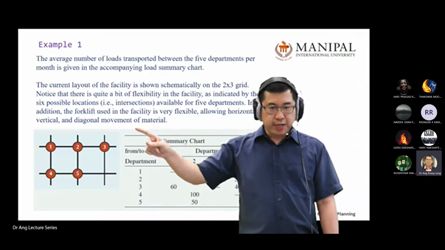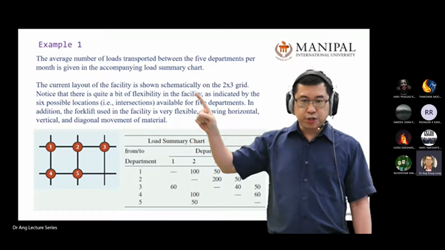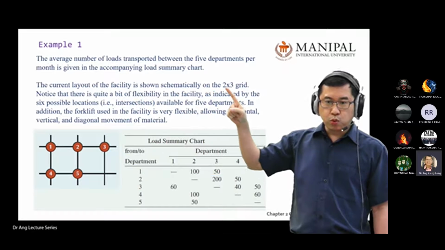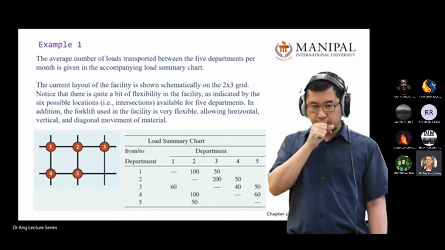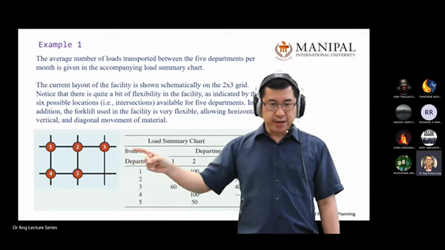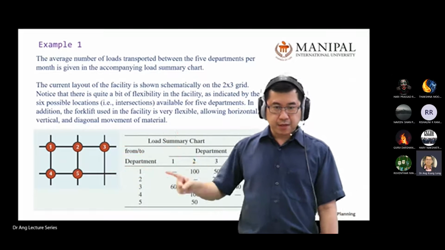Then you continue to read, it gives you more information. The current layout of the facilities is shown schematically on the 2x3 grid. What do we mean by 2x3? You know grid, right? We have row and column.